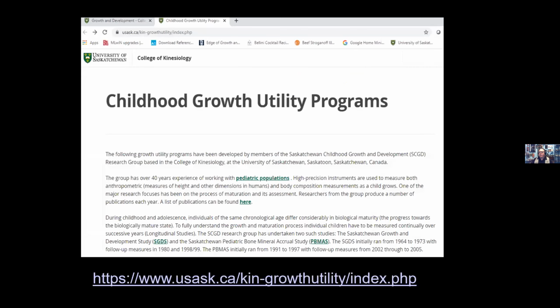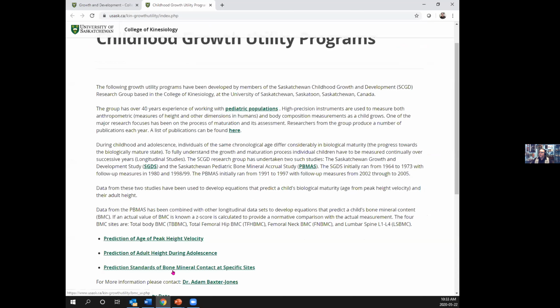And then I just wanted to finish off by showing you a worked example. At the same time that we produced the paper, we also produced a web page, as shown here. On this web page, we can predict the age at peak height velocity.